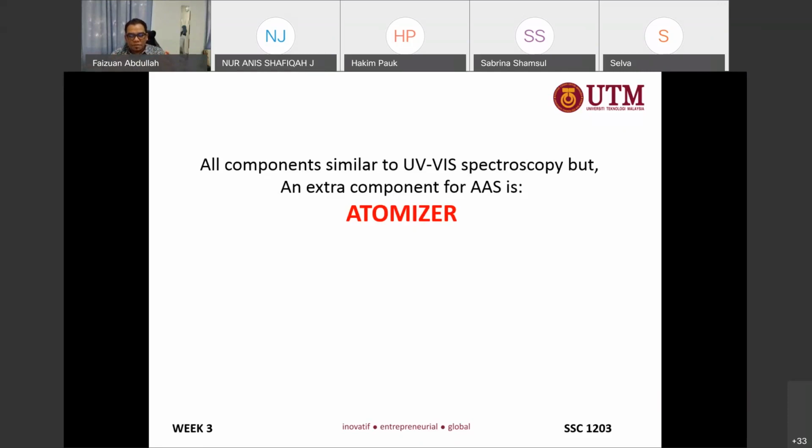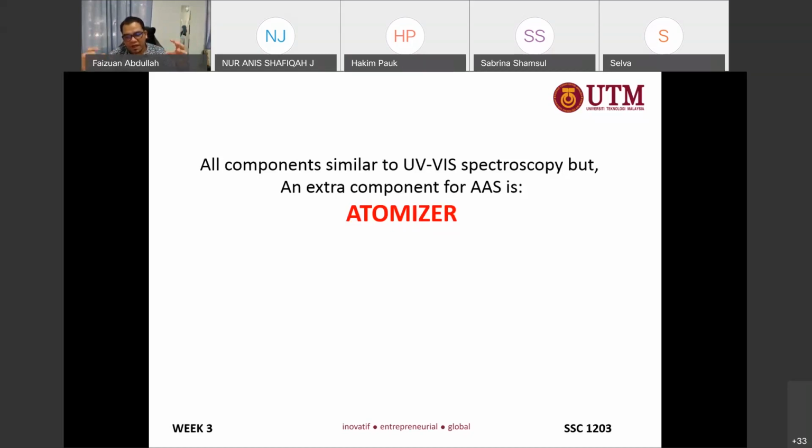And then when our sample is in the atom state, we provide energy from the light source to measure how much of the atom there is. For example, I give you iron, Fe, ferrum. This packet of energy, this amount of energy, can only be absorbed by iron atoms.